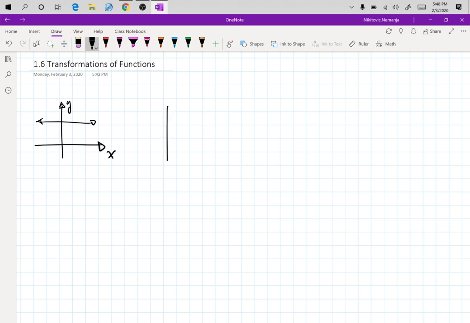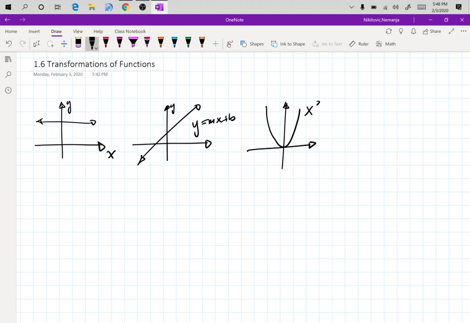And then you have the linear function, which was mx plus b. Then you have the quadratic polynomial function, that was the x squared. Then we have a cubic, that will have more forms when we hit chapter 2. That's x cubed.